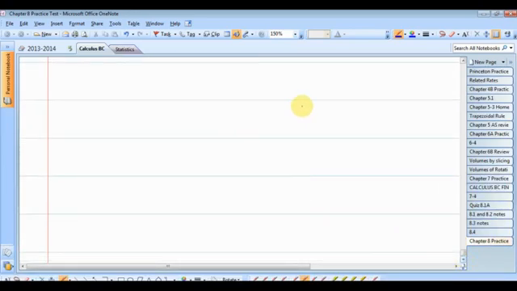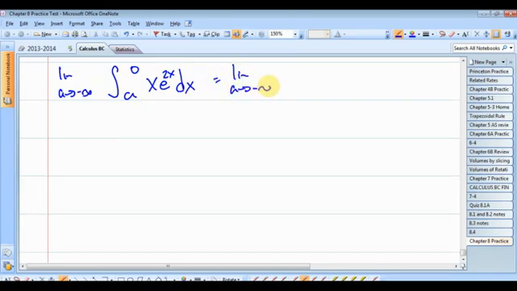Okay, so now we can deal with the limits. We got negative infinity, so the limit as a approaches negative infinity from a to 0 of x e to the 2x dx is equal to the limit as a approaches negative infinity of 1/4 e to the 2x times (2x minus 1) from a to 0.